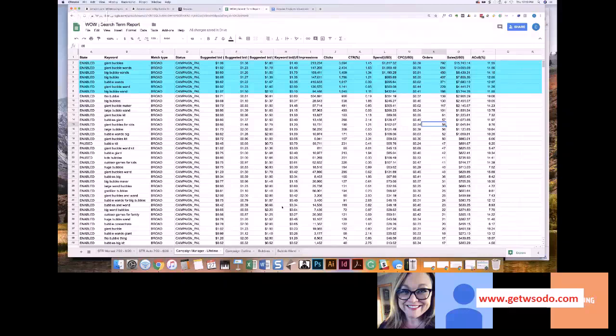Now, another thing to keep in mind with this campaign is that it was driving awesome sales, but everything was on broad match, right? Everything is on broad match as you see this match type. So when you're taking a lot of broad match keywords out of your old campaigns into new campaigns, you need to keep in mind that broad match is not a relevant exact match search.